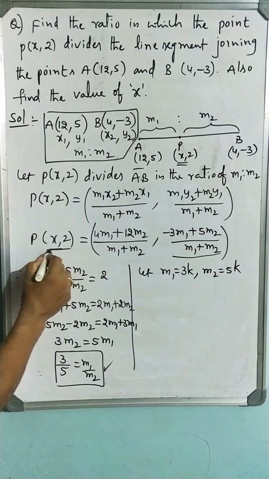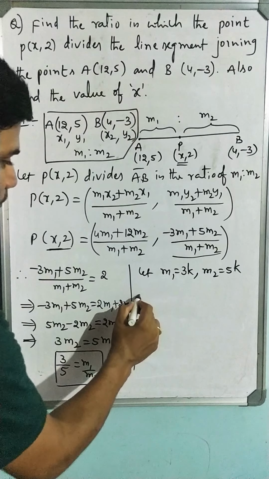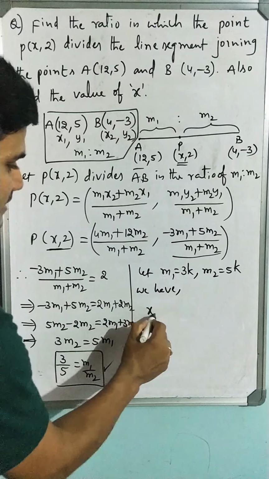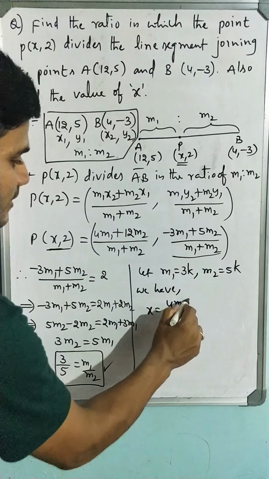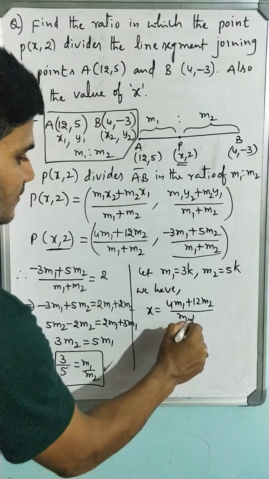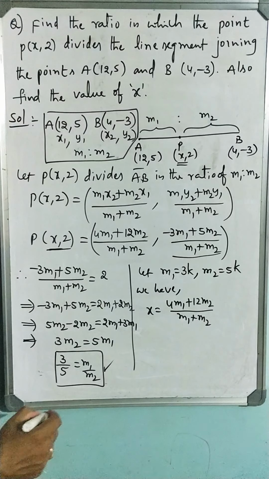Now as you know, what is the x coordinate equal to? We have x is equal to (4m1 + 12m2) by (m1 + m2).